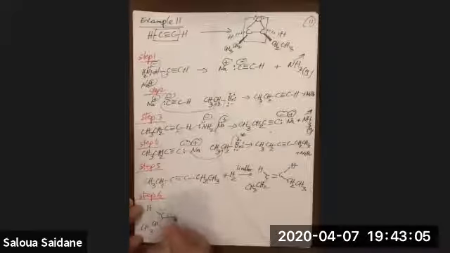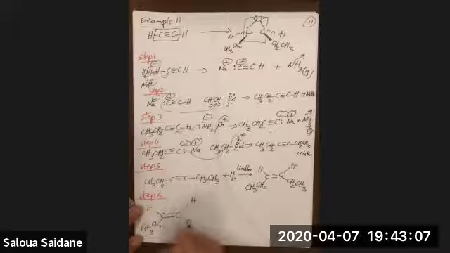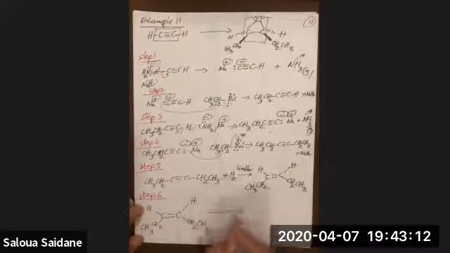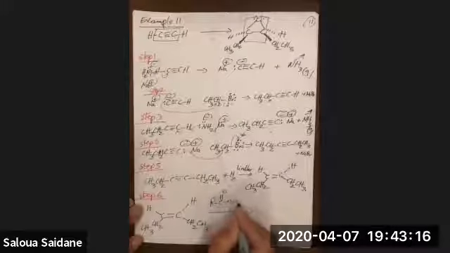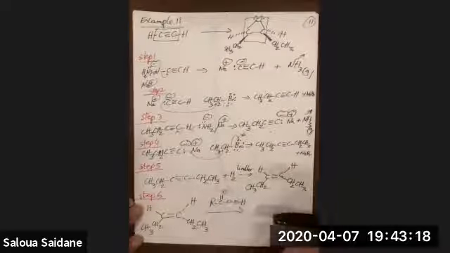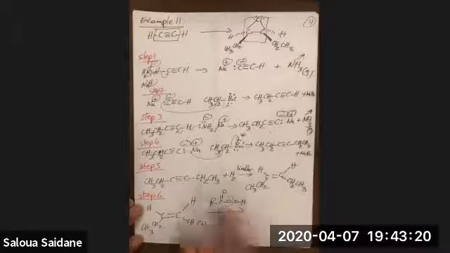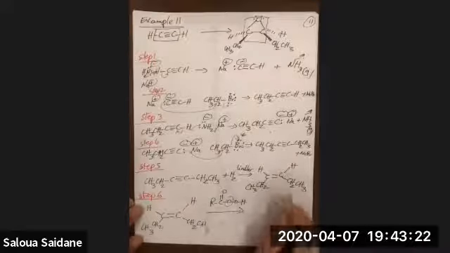It's an oxidation. And a peroxide is an RCOOOH. It has an extra O that docks on the top. So that gives us this.